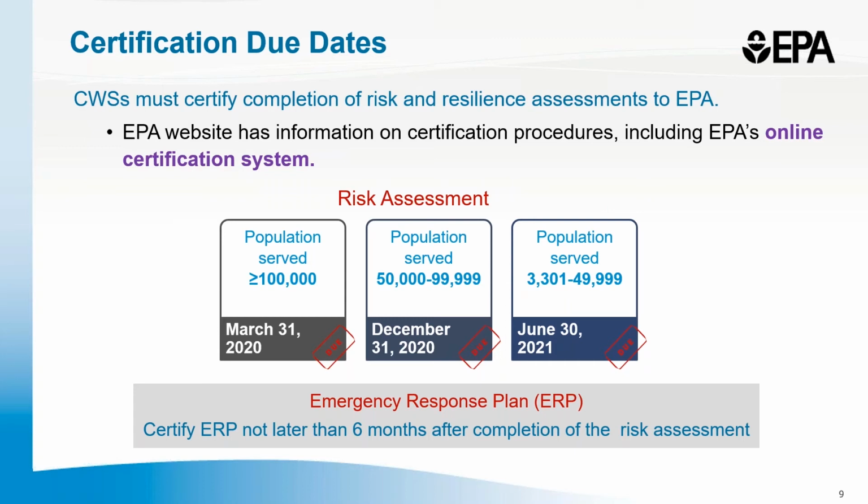Once you certify that you've completed a risk and resilience assessment for your utility, you then have 6 months to complete and then certify that you've updated or reviewed your emergency response plan. Another key component of AWIA to keep in mind is that this is a 5-year requirement, so that 5 years from now, we'll be cycling through the same sets of deadlines for the 3 different sized systems.